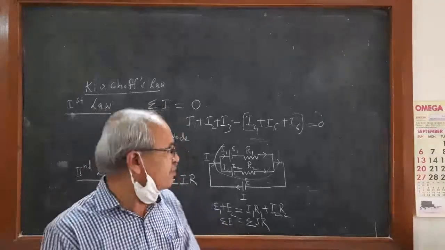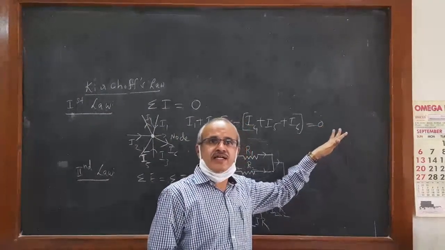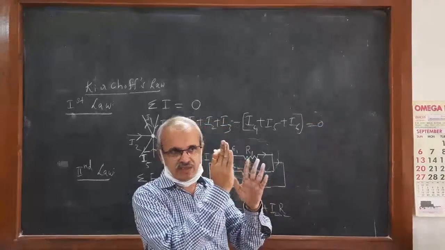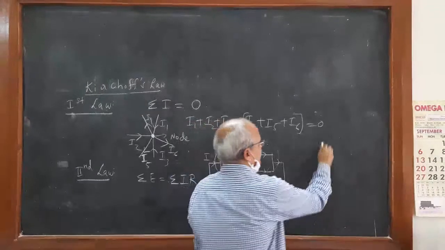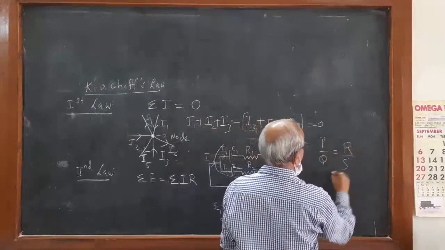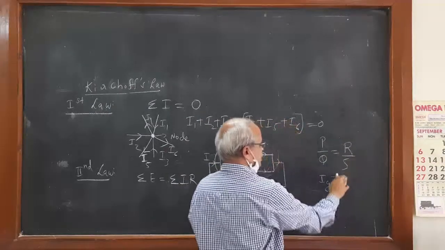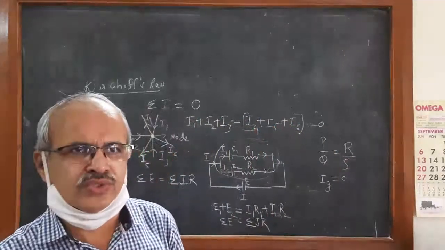It is a quadrilateral where you connect 4 resistances in series as quadrilateral arms. If they are P, Q, R, S, then the condition is P by Q equal to R by S, and the current flowing through the galvanometer in the arm is equal to 0. You have to study that condition in detail also.